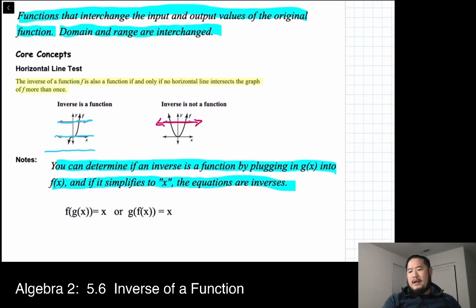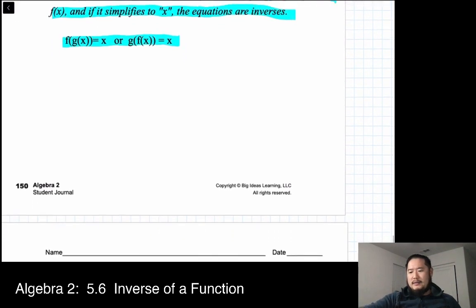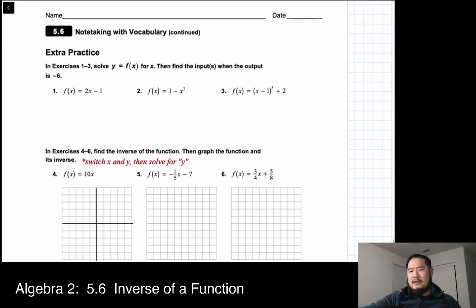You may see right here this as your proof. Easier said than done, right? It sounds difficult, but it's not as bad as you may think. So let's go ahead and try this out.